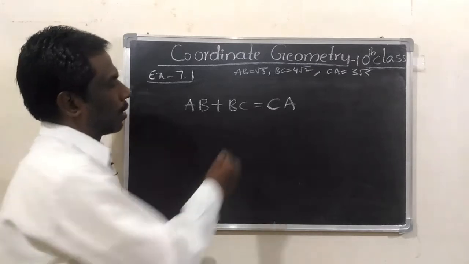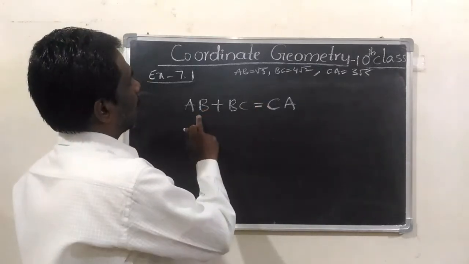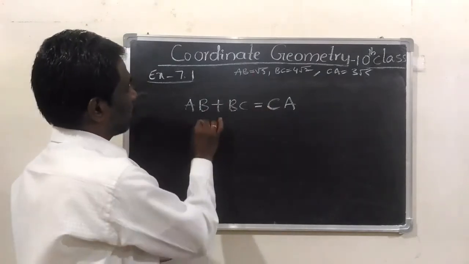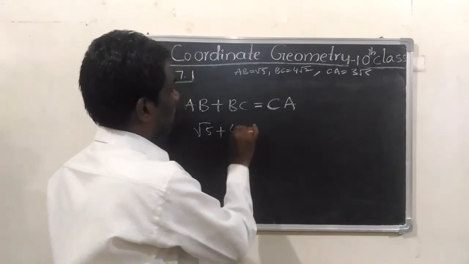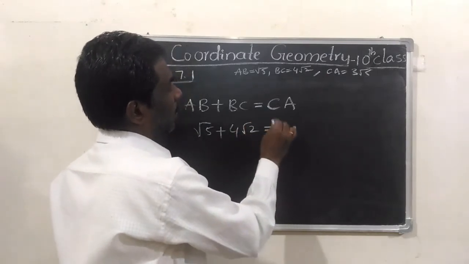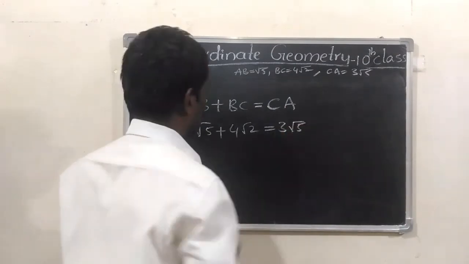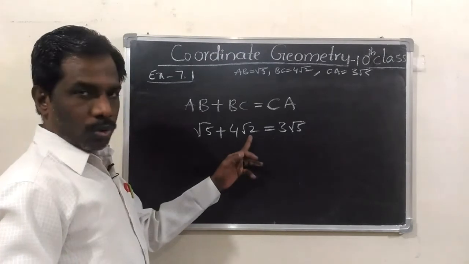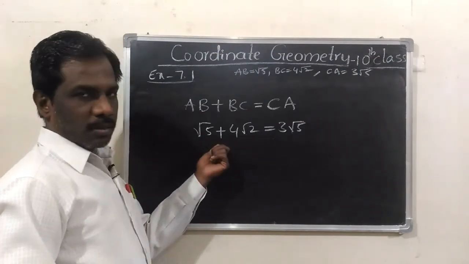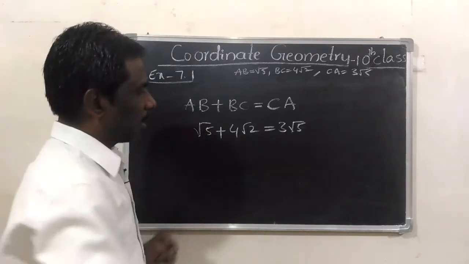So now let me substitute these distances. What is the AB distance? AB distance is root 5, plus BC distance is 4 root 2, equals CA distance, which is 3 root 5. See, it is root 5 plus 4 root 2. These two we can't add because this is an irrational number and this is also an irrational number.